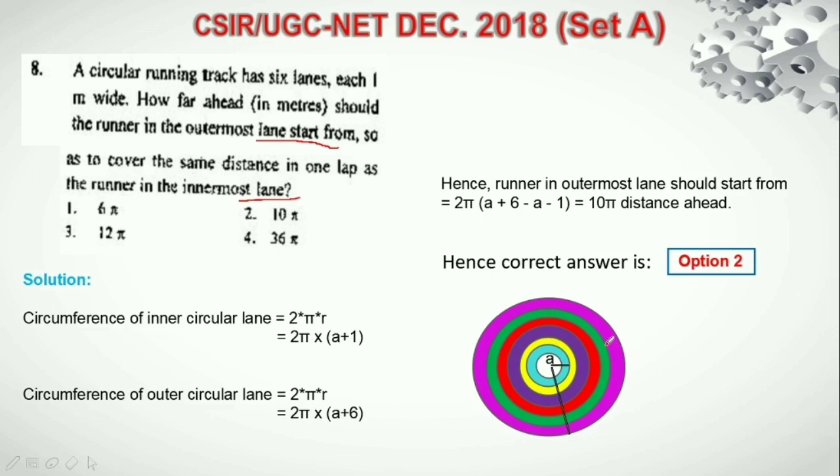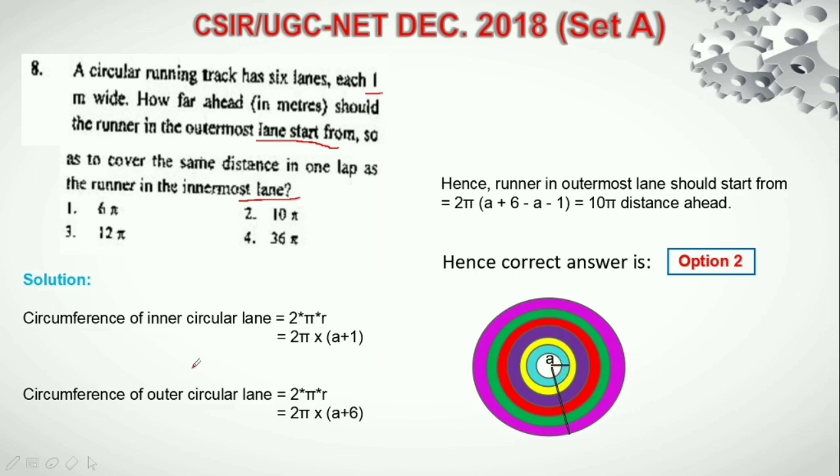The innermost circle has a radius of A, and it is given that each lane has a width of 1 meter. So this means the innermost lane has a radius of A plus 1, while the 6th lane will have a radius of A plus 6.